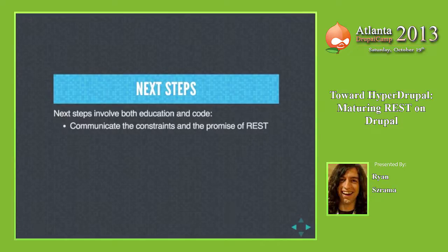It begins with educating ourselves and then educating the community on the constraints and promise of REST, and I think I'm better at talking about the constraints than the promise, because it's still a bit pie in the sky, dreamy. Oh, we could have loosely coupled clients and servers that can go from one server to the next, and yada yada. But it's real.